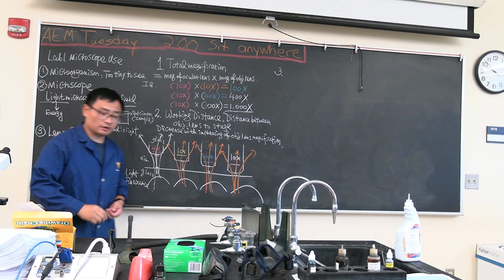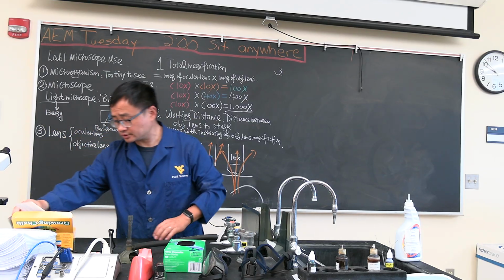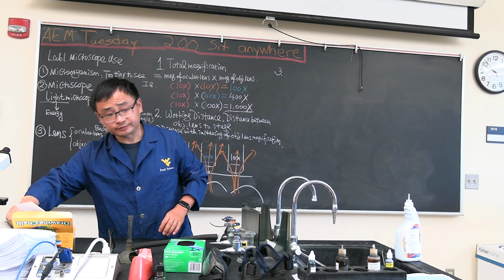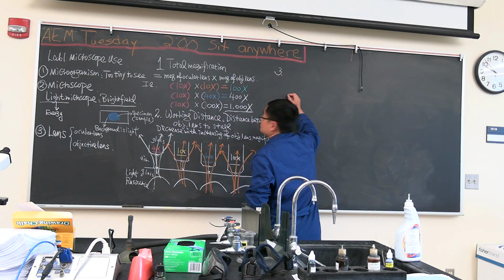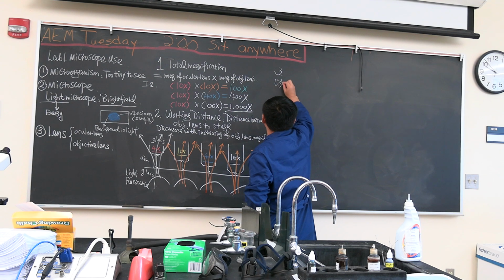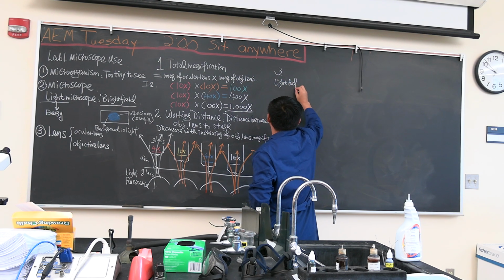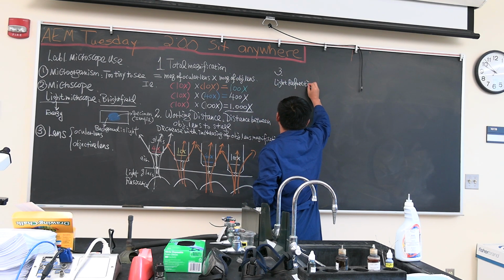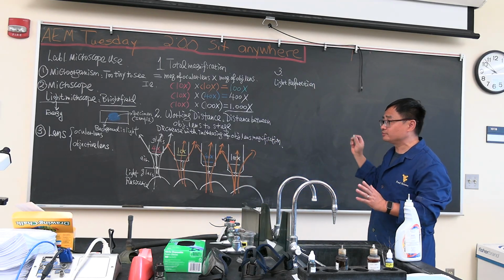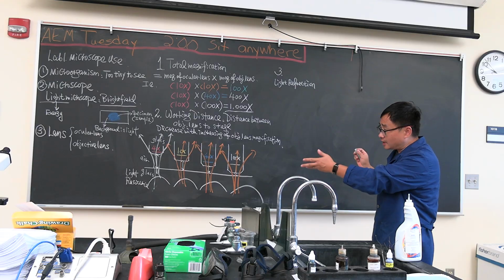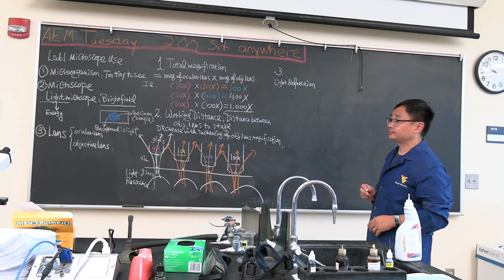What phenomenon will we have? In physics, did you learn physics? Yeah, what do we call it? Refraction. So, light refraction happens when the light passes through different media, from the glass to the air and to the glass.